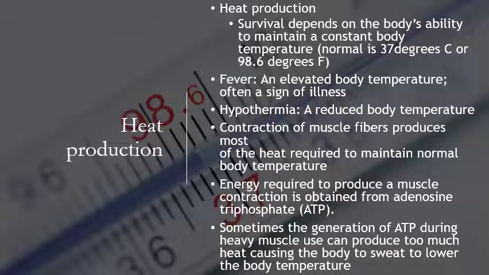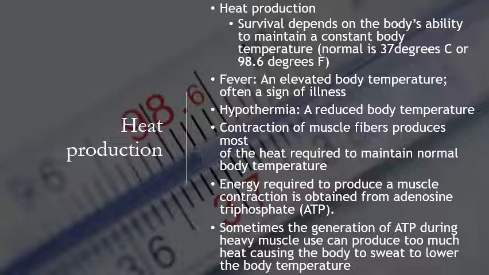Hypothermia, on the other hand, is a reduction of the body temperature. So, when would you get hypothermia? Well, most any elderly person that lives in a northern state, if they don't have heat in their house properly, will get hypothermia.